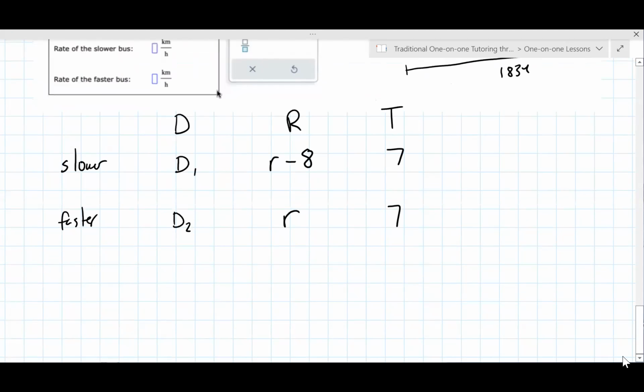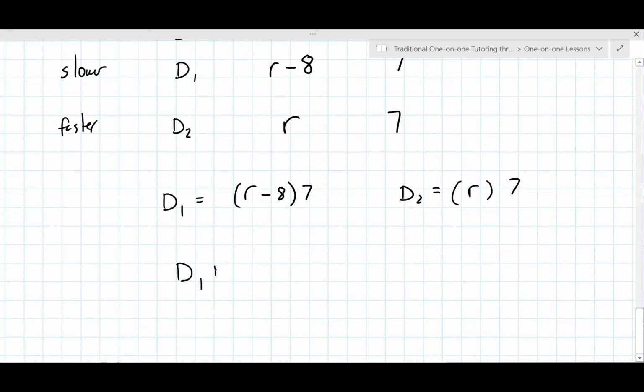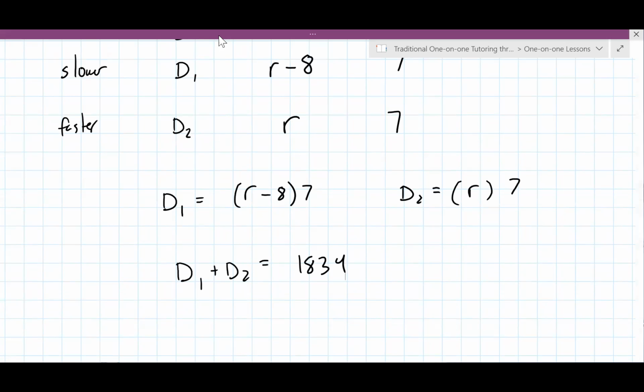D1 equals R minus 8 times 7, and D2 equals R times 7. But there's really a third equation. We know that D1 plus D2 equals the total, 1,834. So what we're going to do now is substitute.